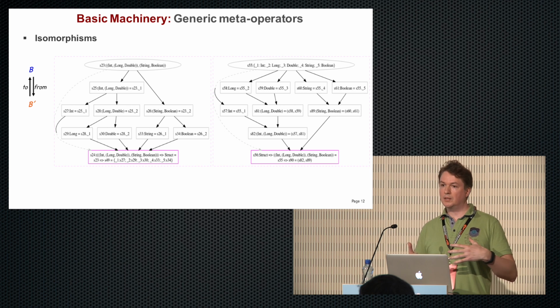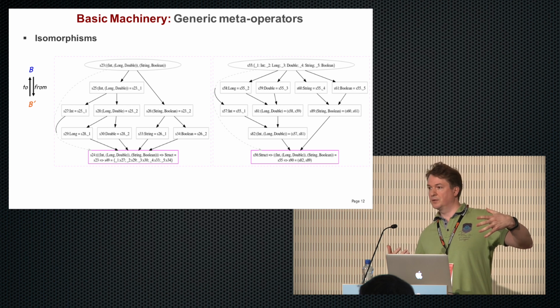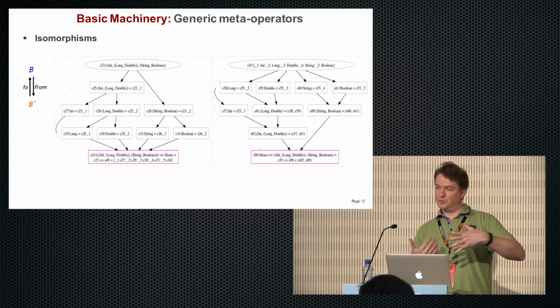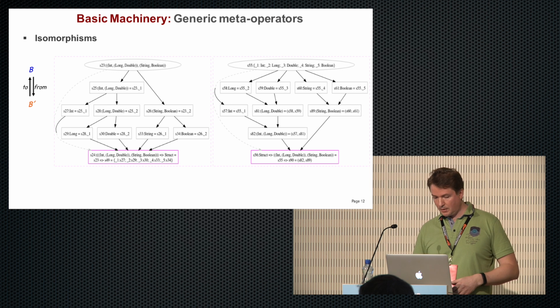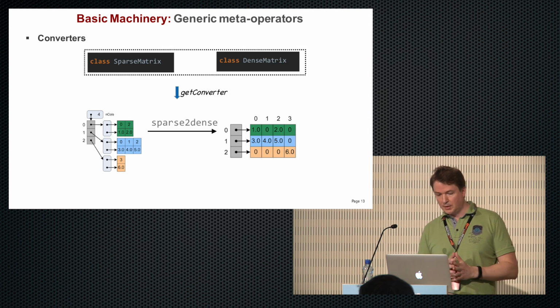It means when we perform staged evaluation of the composition of to and from, it collapses and we get the identity function. And this happens automatically by rewriting rules, which do not allow the graph to grow like this, because this is an isomorphism.